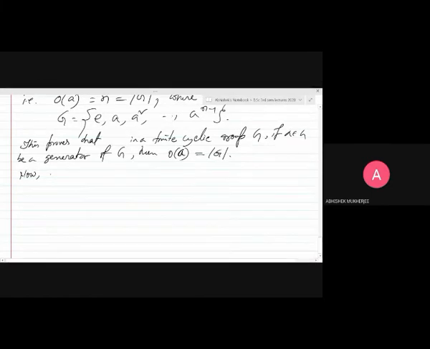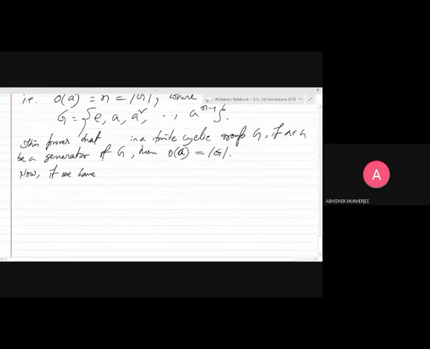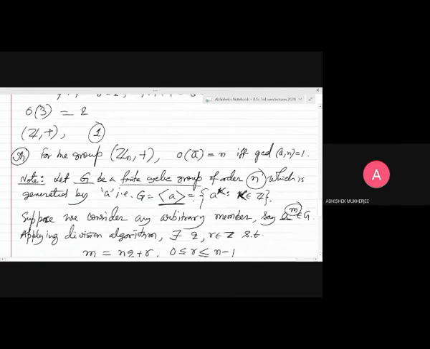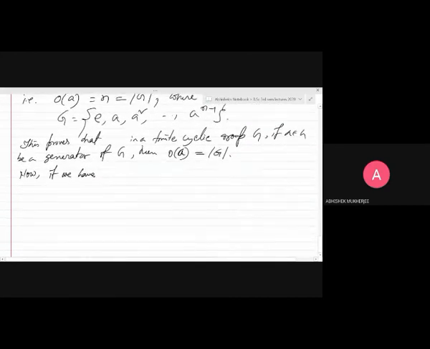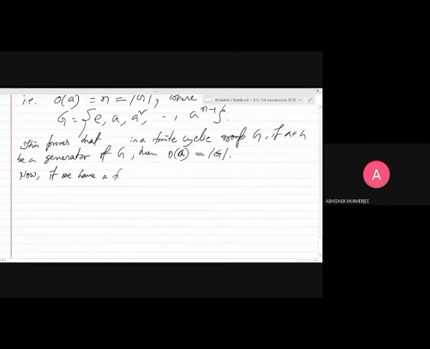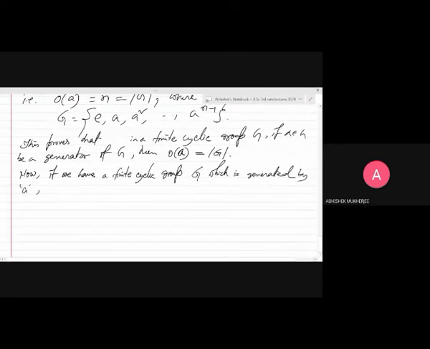That is, if we have a finite cyclic group G, which is generated by small a, then order of G equals order of a.